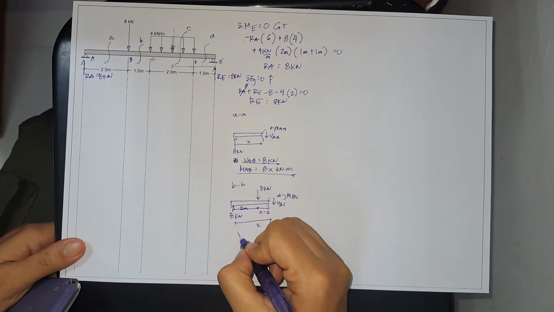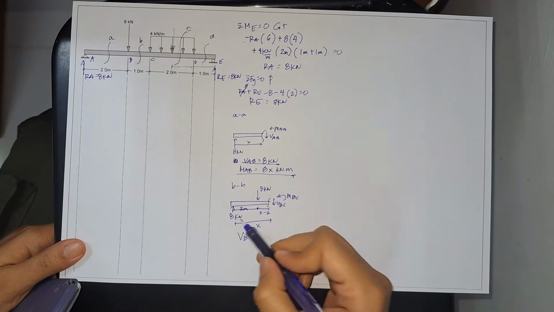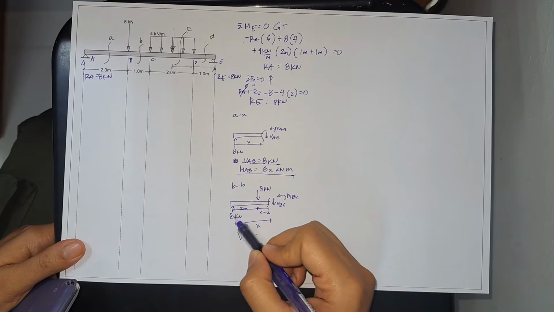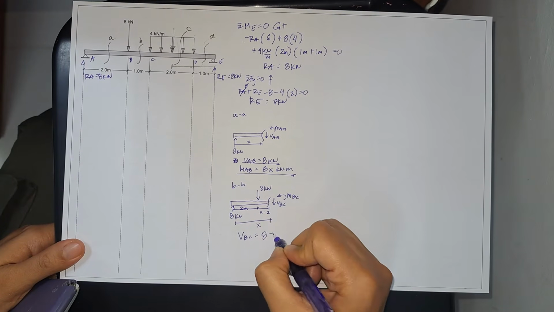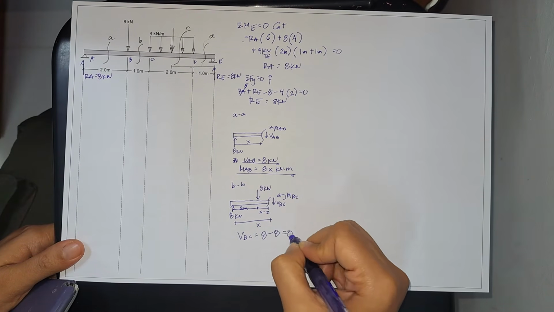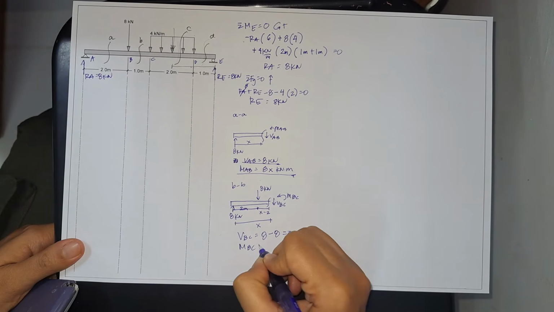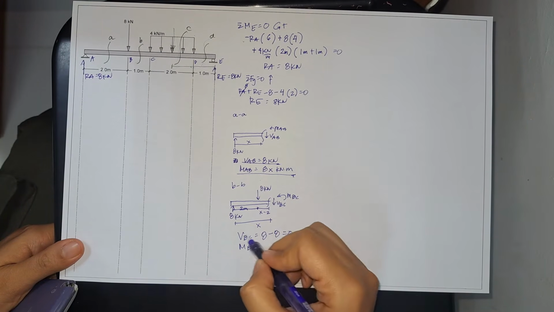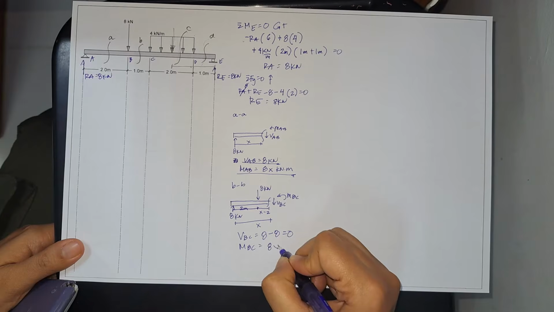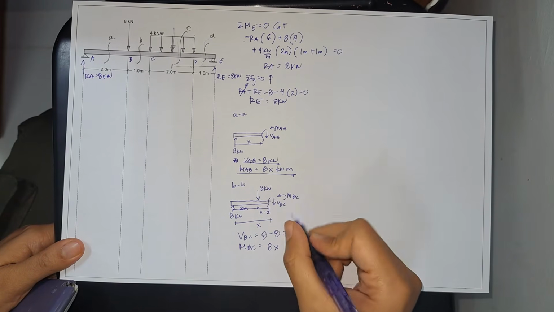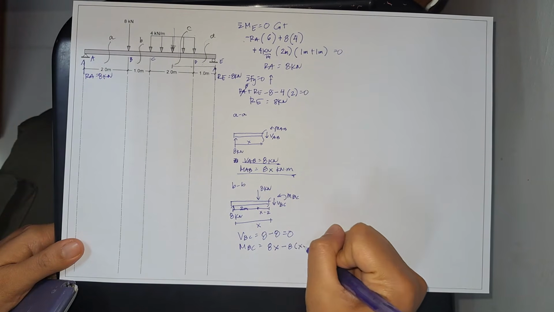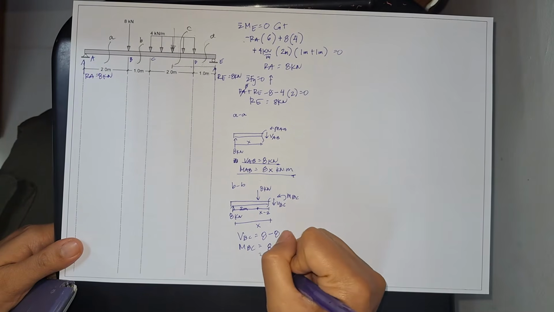Okay? So for the shear at BC, taking the summation of the vertical forces nung nasa left side, we have here 8 minus 8 is equal to 0. And then moment BC, take the moment here, we have 8 multiplied by x. Tapos we have here minus 8 of x minus 2. So simplify lang po natin.